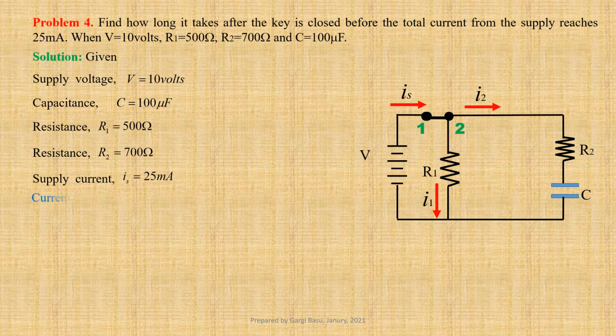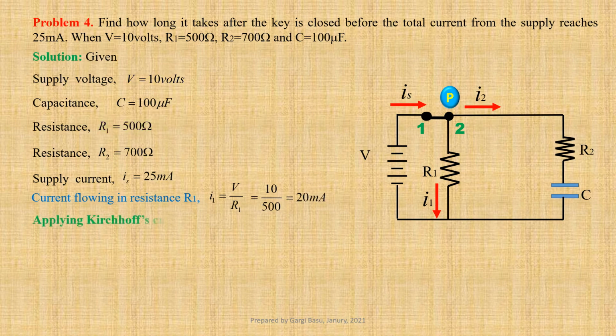Current flowing through the resistor R1, I1 equals V by R1, that is equal to 10 divided by 500, that gives us 20 milliampere. Applying Kirchhoff's current law at node P, we get Is equals I1 plus I2.